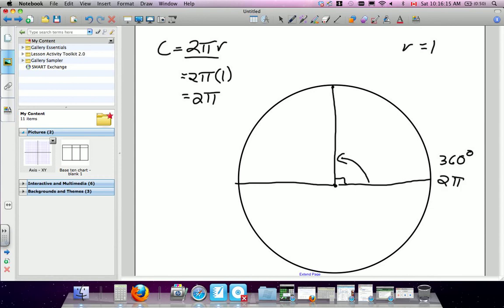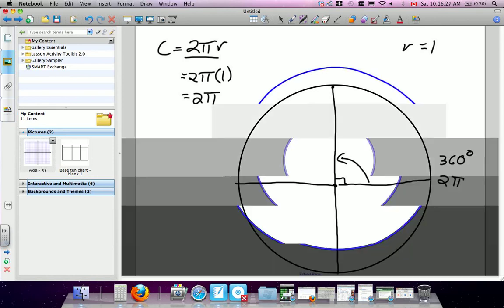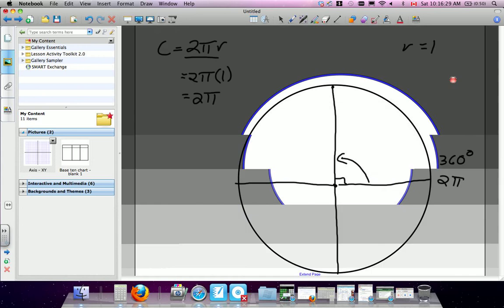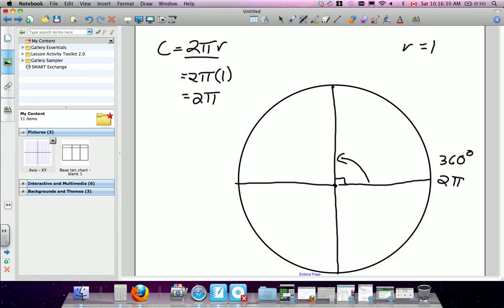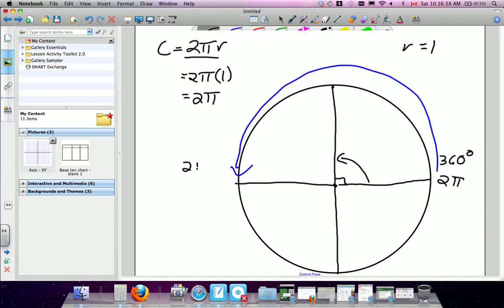Now what they've done from there is they've just broken this into fractions of a circle. Okay? So instead of going all the way around the circle to 2 pi, let's say we only went halfway around. Well, halfway around 2 pi would be just 2 pi divided by 2, correct?